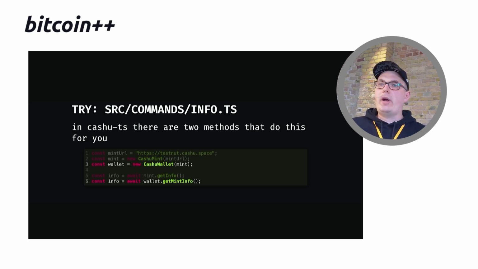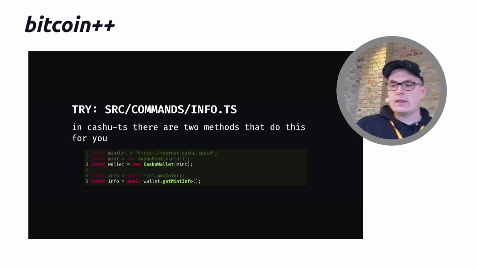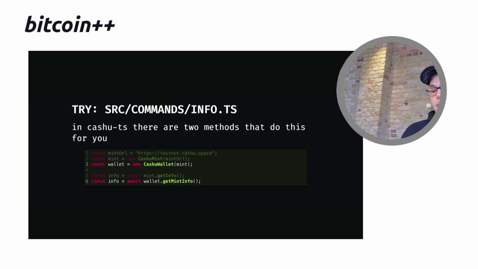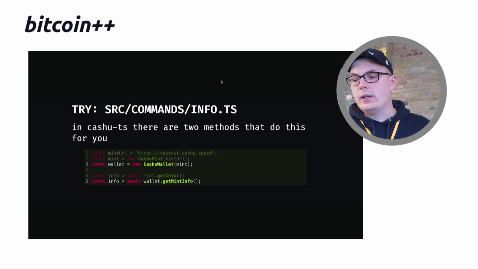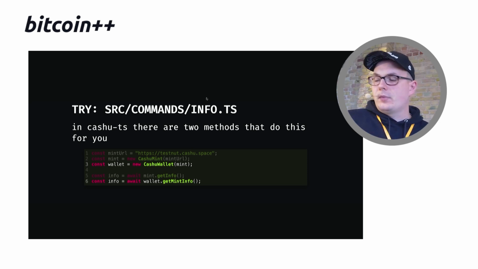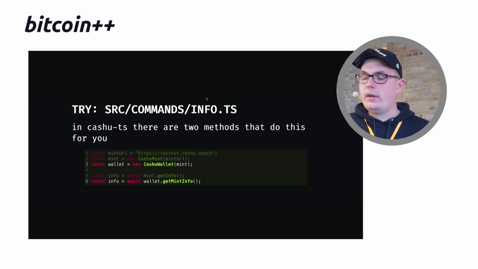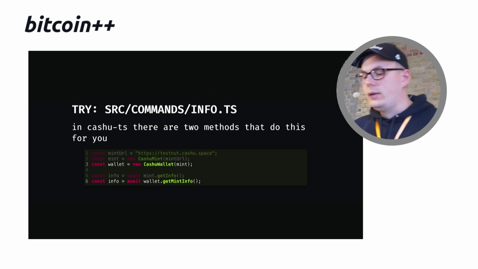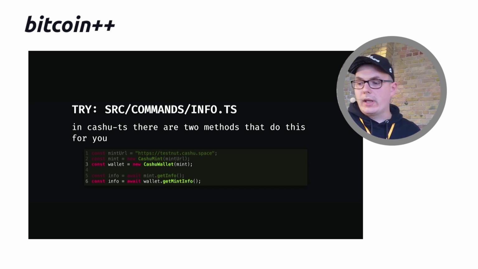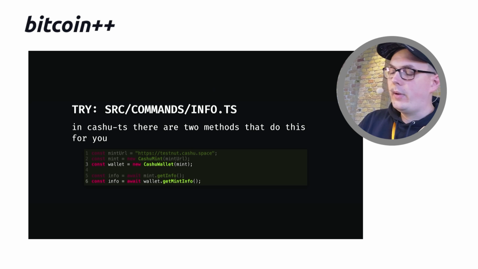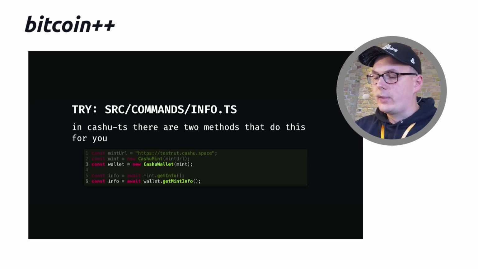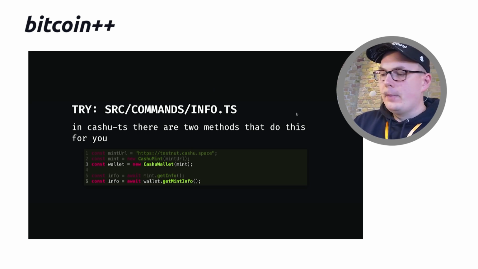Usually, all your interactions will be on the wallet class. You can actually do a lot more in-depth stuff with the mint itself, but for the basic interactions, you usually just use the wallet instance. So I would recommend in this case just go with the wallet one, because it is the most used in this course. So you call get mint info, it will get the info endpoint from the mint and will return the info as a JavaScript object. Just checking the time here.